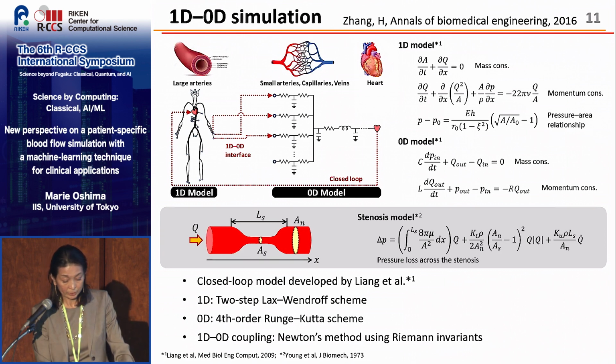And this 1D, 0D simulation expresses the closed loop of the entire circulatory system. And the 1D simulation is solved using a two-step Lax-Wendroff scheme. And the 0D simulation is solved by a fourth-order Runge-Kutta scheme. And 1D and 0D are coupled together, and this will be solved by the Newton-Raphson method.